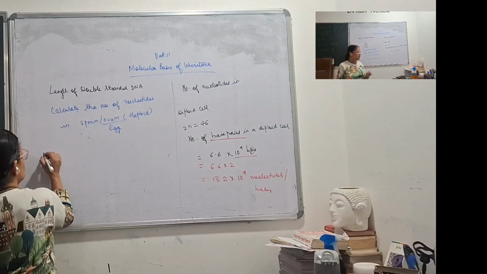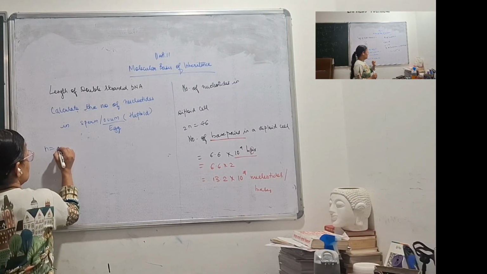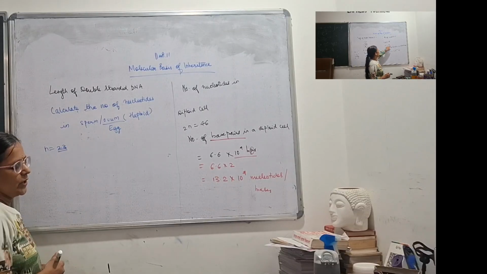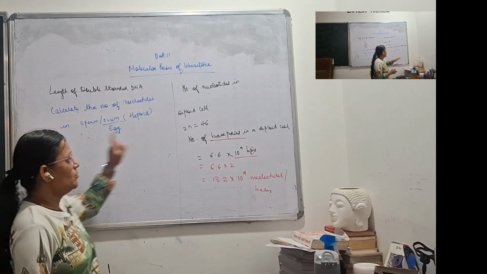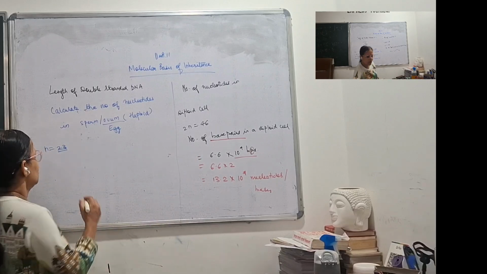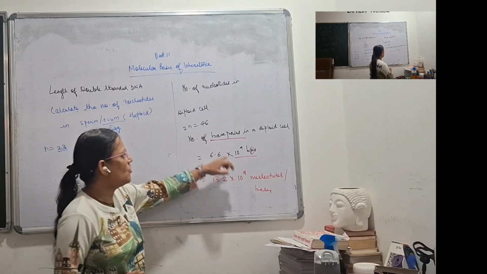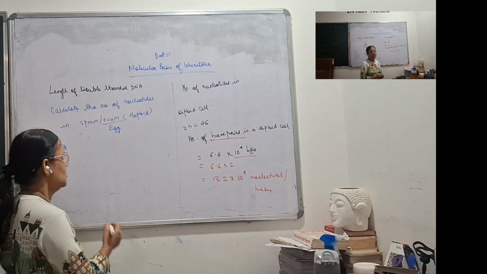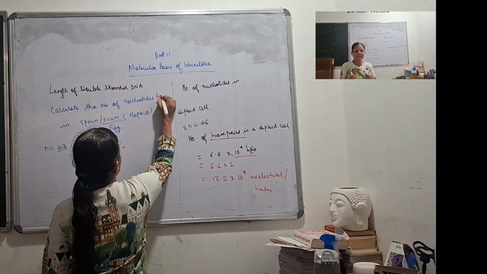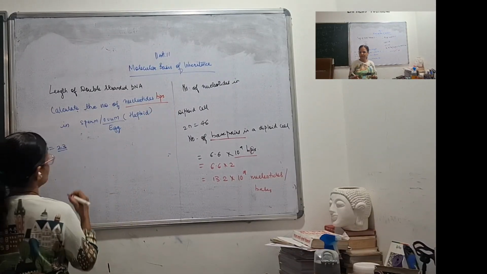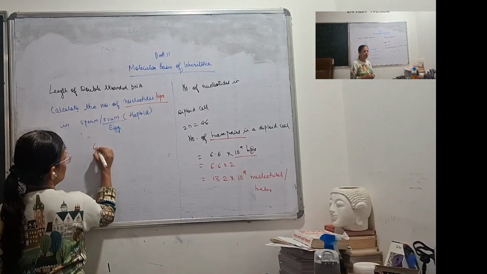That means here n is equal to how much? N is equal to 23. That means in 23 chromosomes, how many base pairs will we have? We will have exactly half of this, right? So if I have to calculate nucleotide base pairs, suppose if I say calculate base pairs, then what will it be?